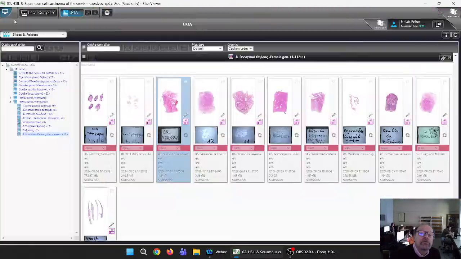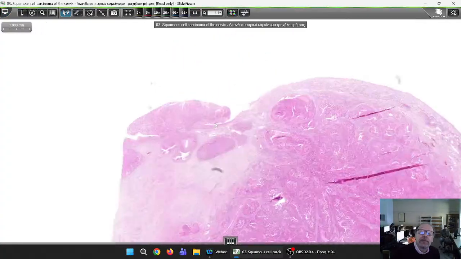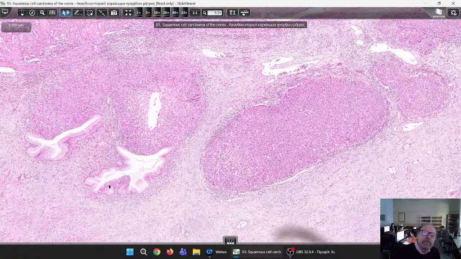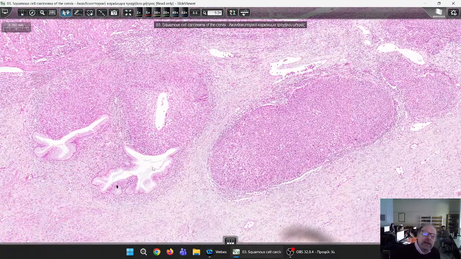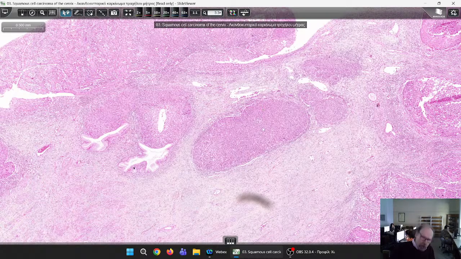I want to show you this image, this slide. Look here. Here we have the dysplastic epithelium, okay? And here you have the cervical glandular epithelium. So, what is there? If you see these solid formations, and here you can see the lumen as well, it's not solid.